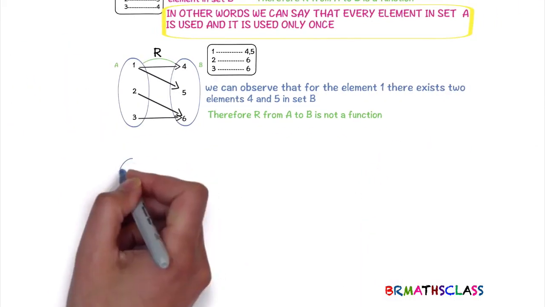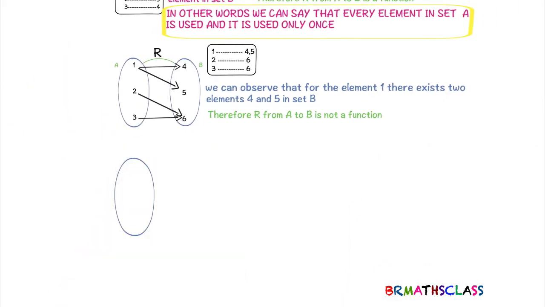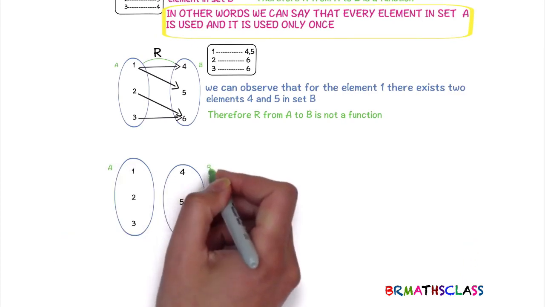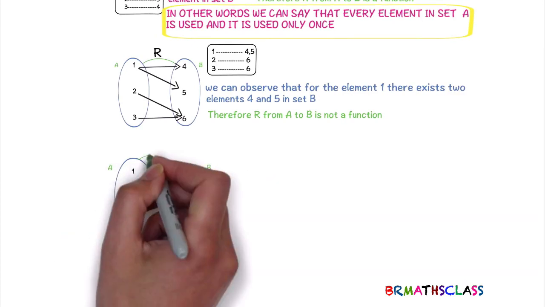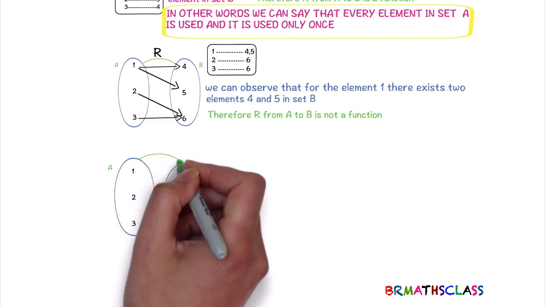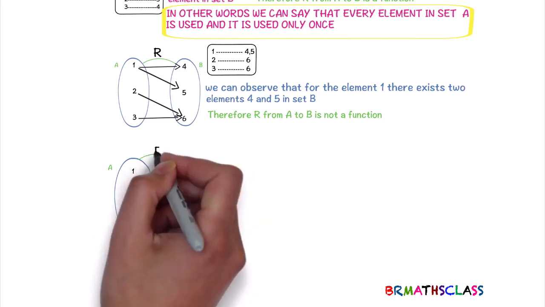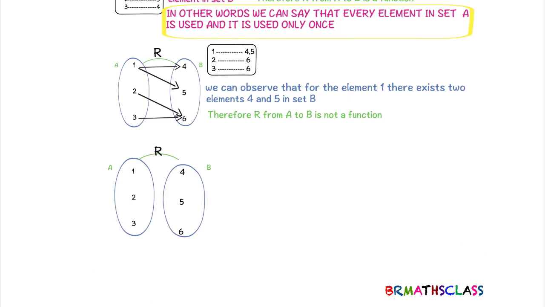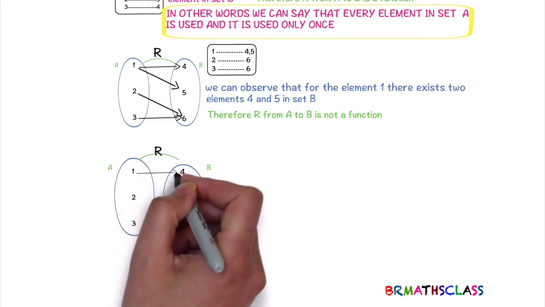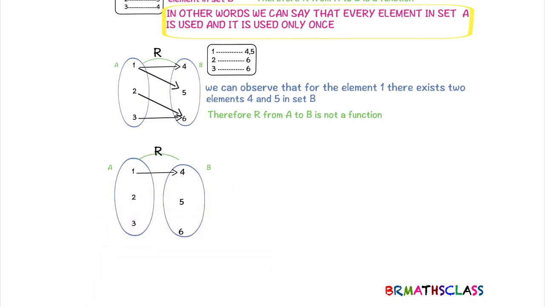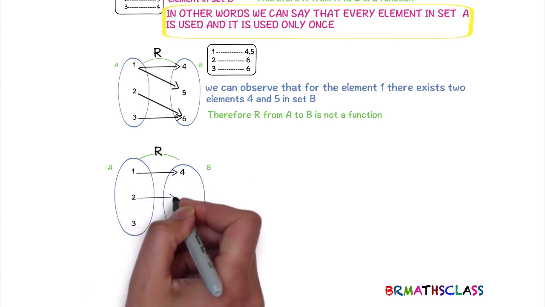Now I'll try to explain the definition of function with one more example so that you will get more clarity about this definition. R is a relation from A to B, and this relation is as follows. 1 is related to 4. 2 is related to 5.